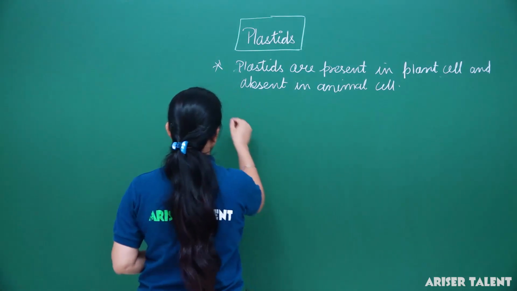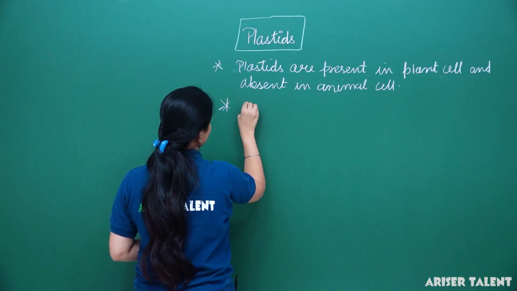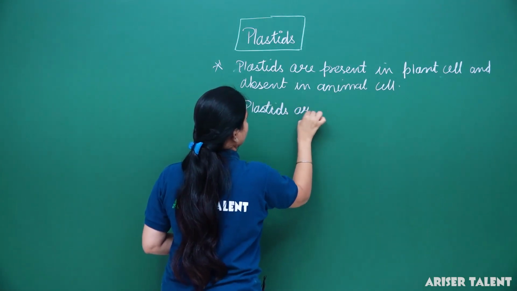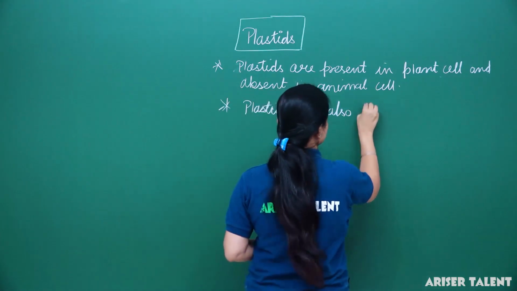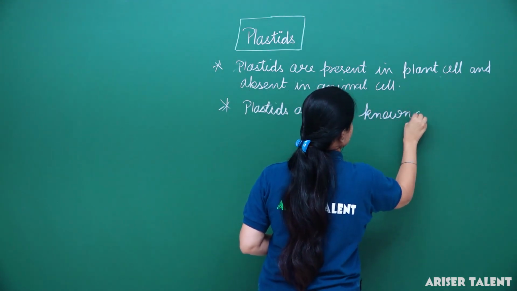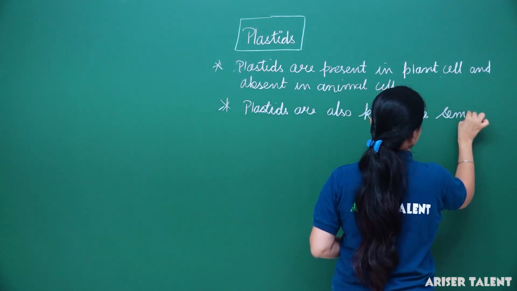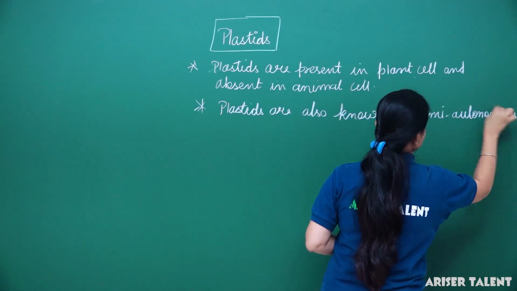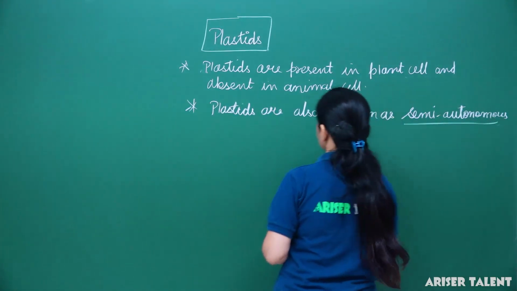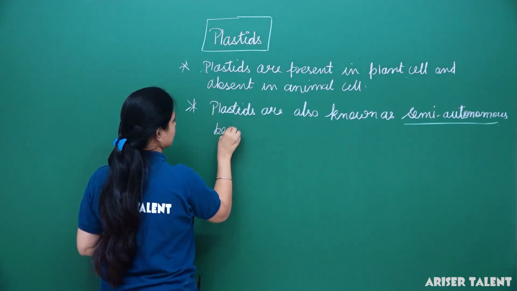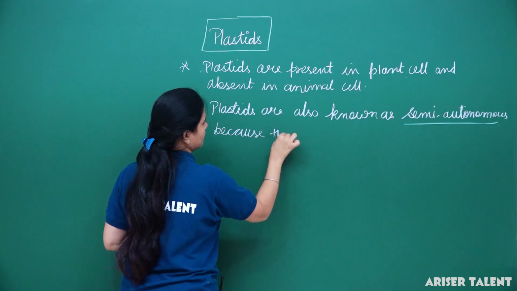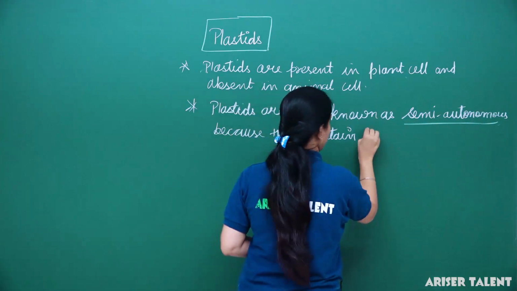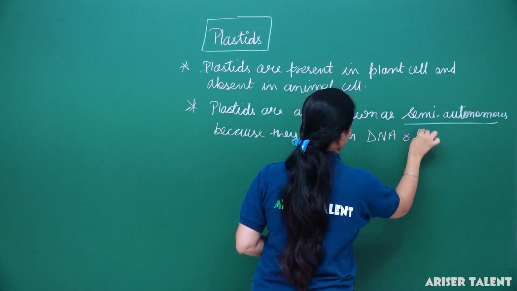Here we can mention that plastids are also known as semi-autonomous because they contain DNA and ribosomes.